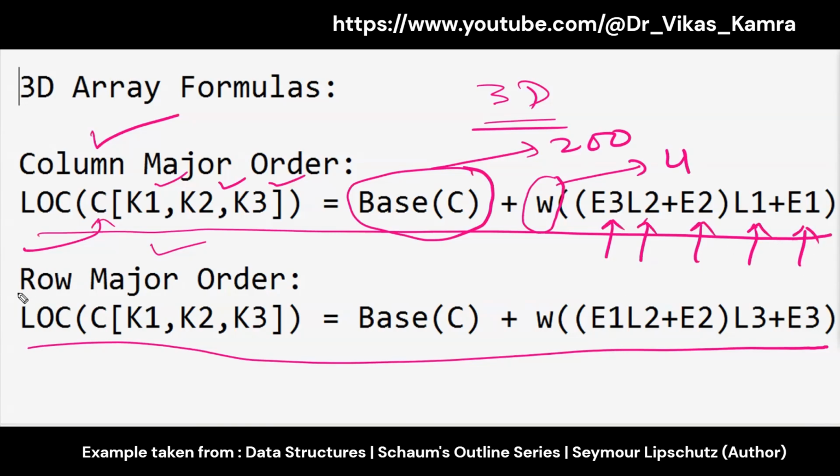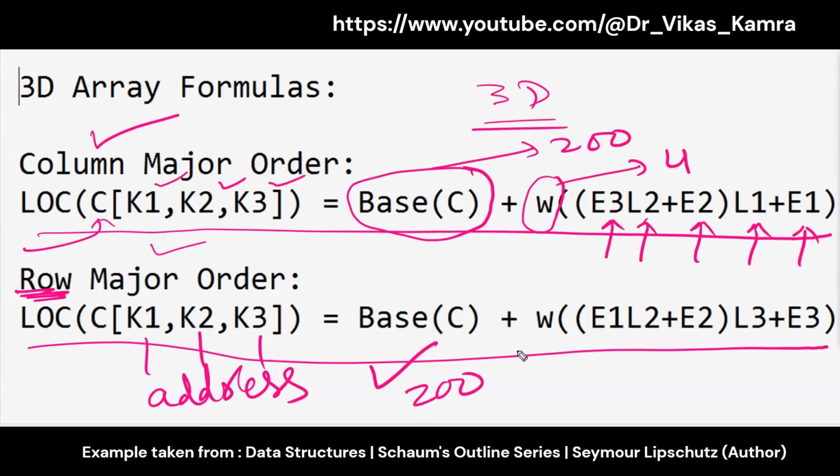Similarly, if you are talking about row major order, again K1, K2, K3. These three are the number of row, column, and page for which you want to find the address. Again, you need the base address, it will be given to you. You need the word size, it will be given to you.